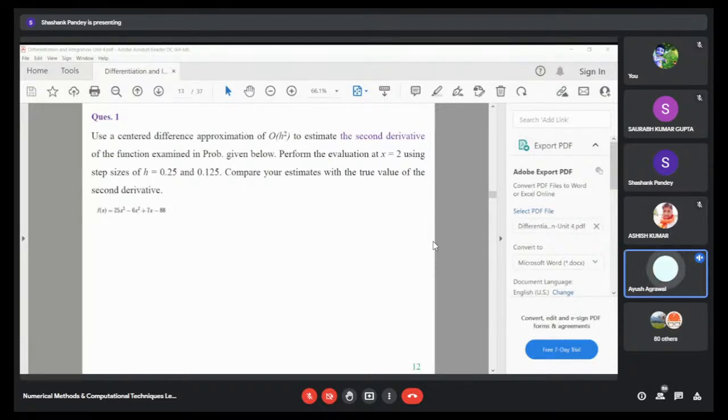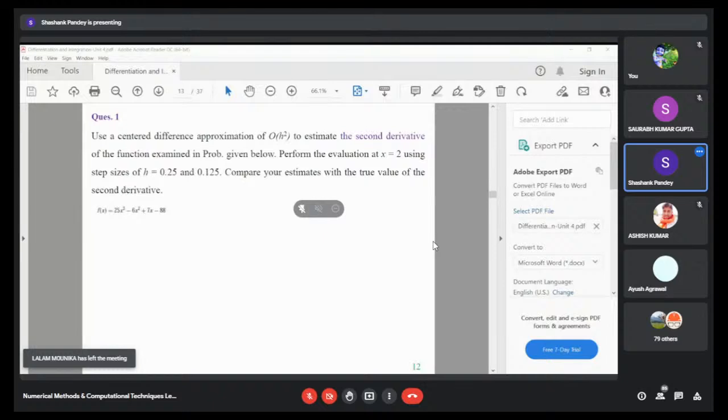Sir, exact 288. Okay, Ayush. So Ayush, you calculate this using the center difference method. Sir, exact value I am saying.